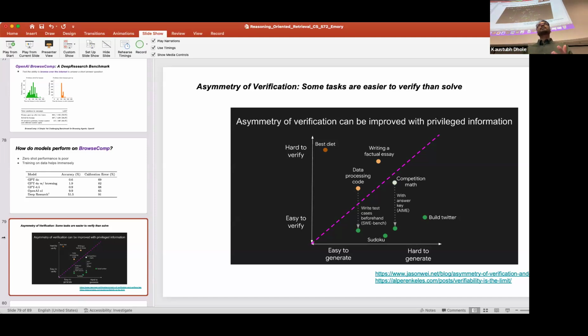Some tasks are easier to verify than to solve. So if a model generates some answers, we should be able to at least verify them, even if we can't provide a solid way to solve that task.